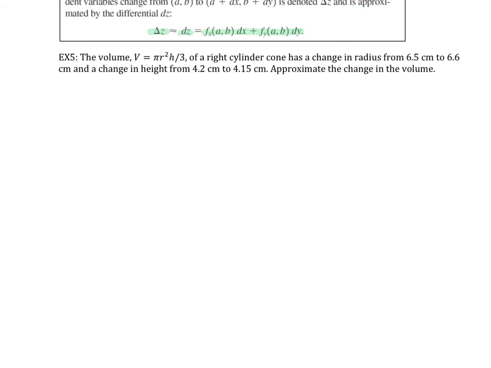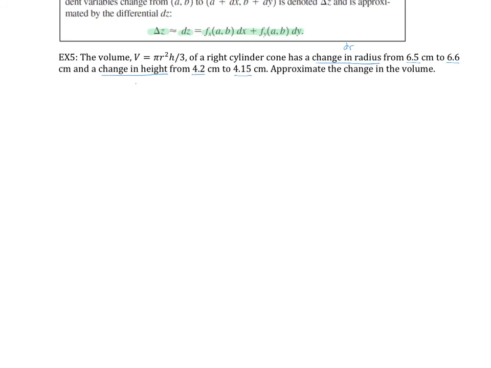In example 5, we have a volume, which is equal to pi r squared h over 3, of a right circular cone. It has a change in the radius from 6.5 centimeters to 6.6, so the change in the radius would be your dr. And it has a change in height from 4.2 to 4.15 centimeters.